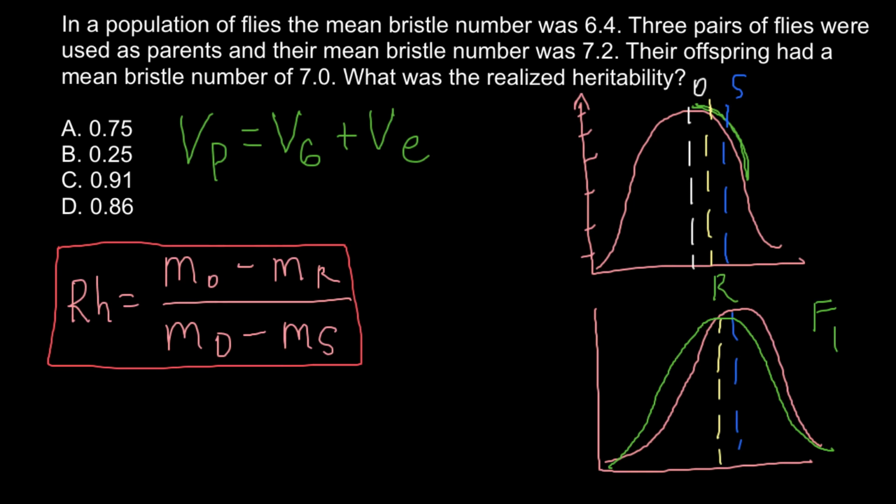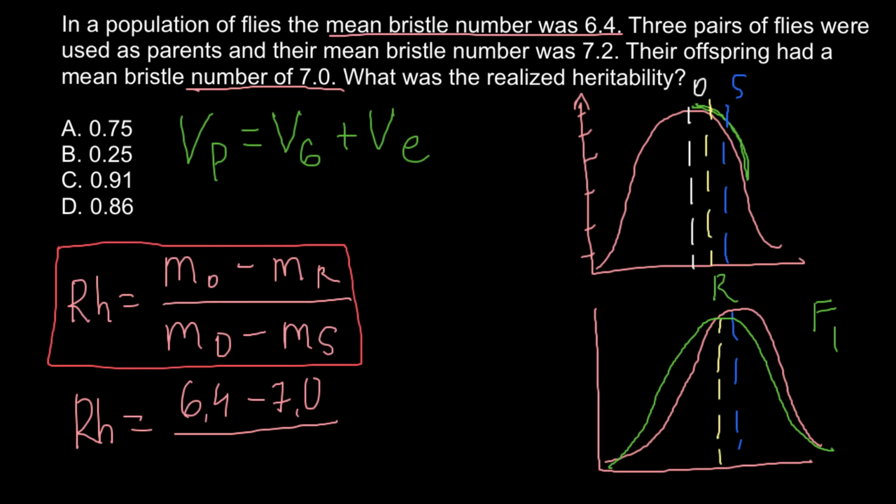And this is going to be our formula that we are going to use in order to solve our problem. So let's use the numbers here. So realized heritability would equal the mean of the original population, and it was in our example 6.4, minus the mean response to selection, and this was 7.0, divided by the mean of the original population 6.4 minus the mean of selected parents, and in our example that was 7.2.